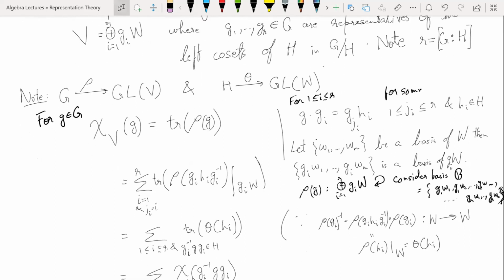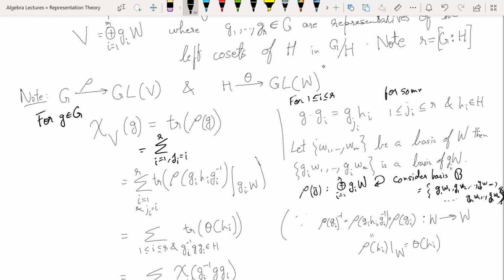So we want to compute the trace of the summation, i equals 1 to r, over those i where g_i equals i.